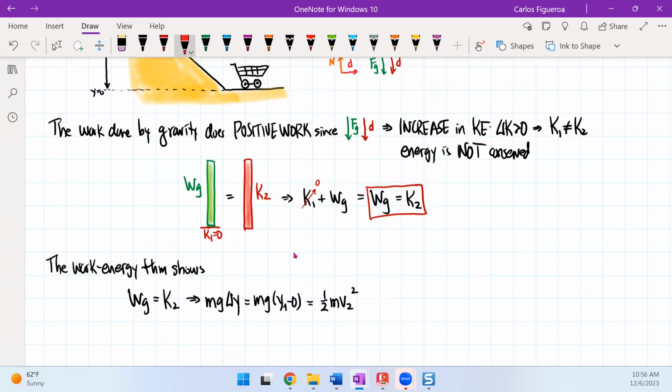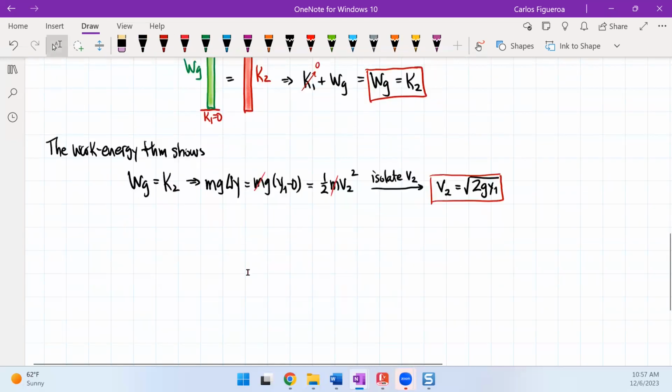Because the only force is gravity, the masses cancel out. So now I can isolate v2, and I get v2 is equal to the square root of 2gy1. So now I have the condition to solve v2.